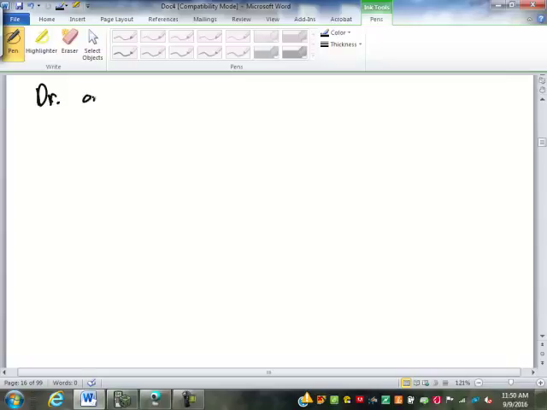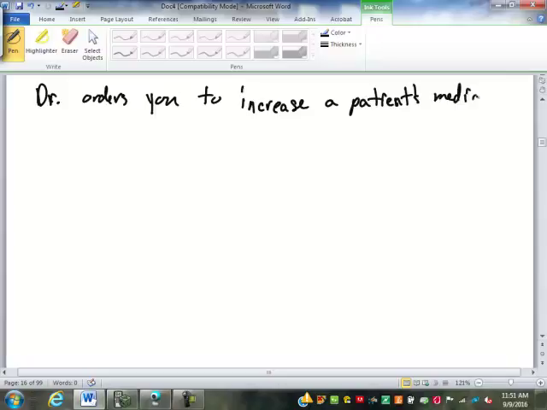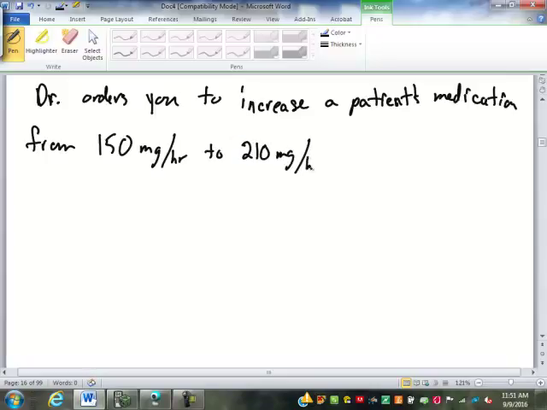Let's say a doctor orders you to increase a patient's medication from 150 milligrams per hour to 210 milligrams per hour.